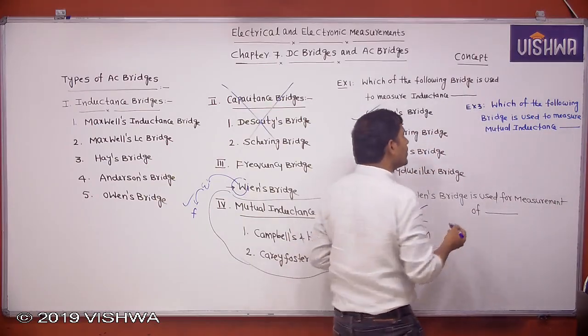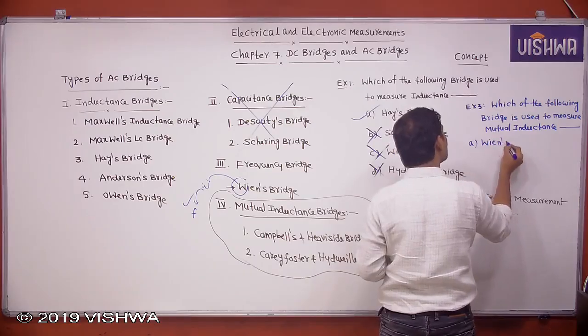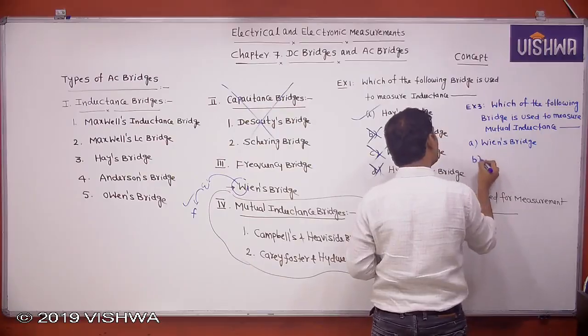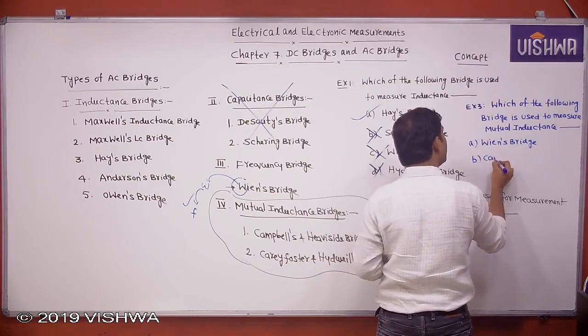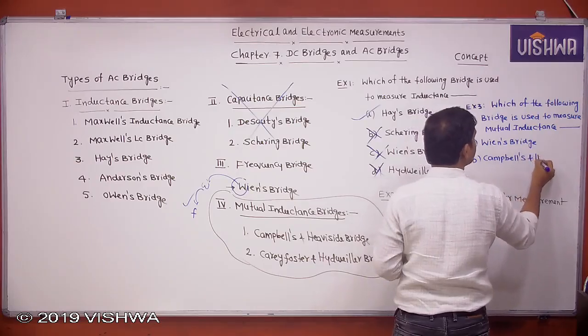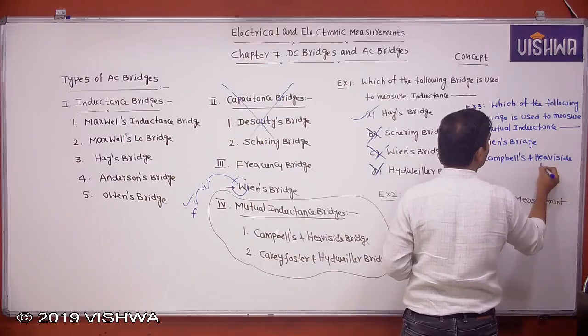The options are given like this. Option A, Wien's bridge. Option B, Campbell's and Heaviside bridge.